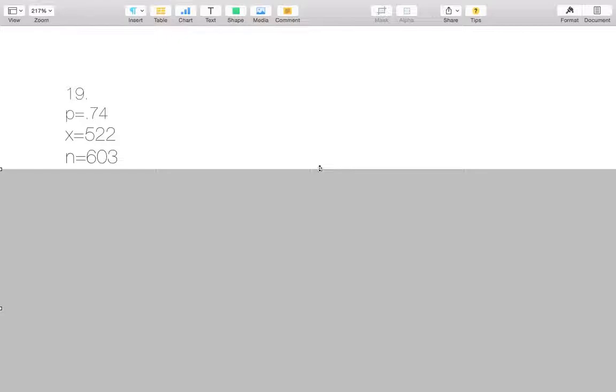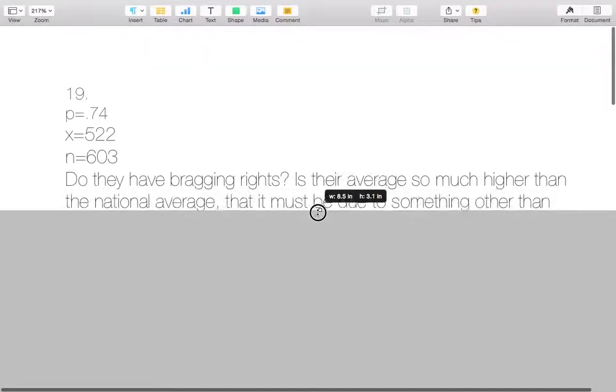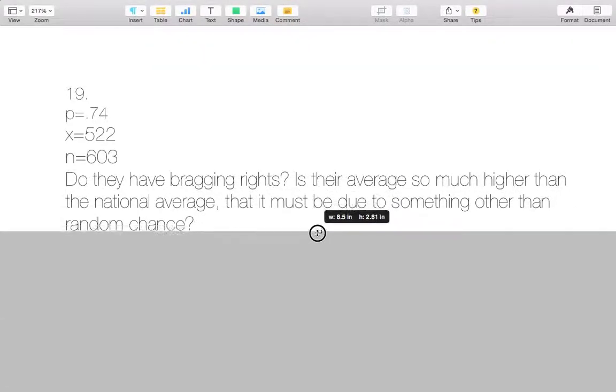It's based on 74%, the national retention rate described in another example. Does a college where 522 of the 603 freshmen returned the next year as sophomores have a right to brag that it has an unusually high retention rate? In other words, what we want to ask is, do they have bragging rights?